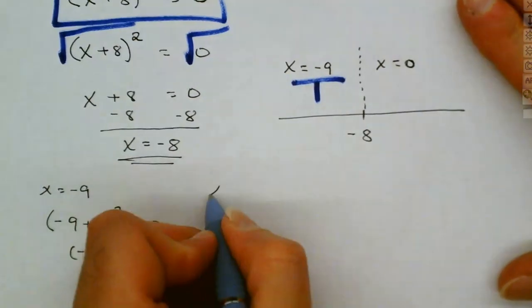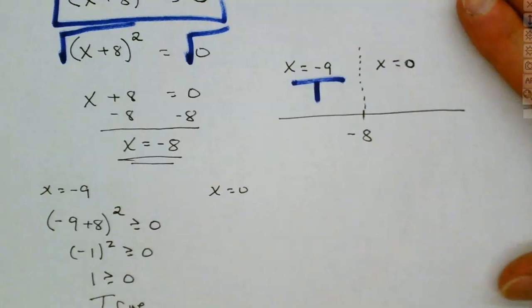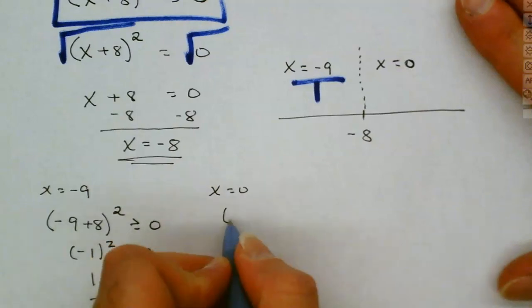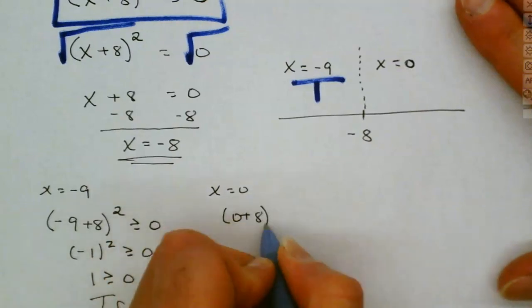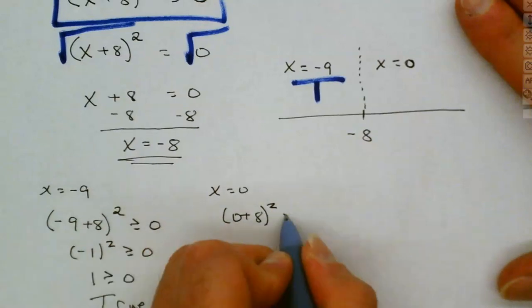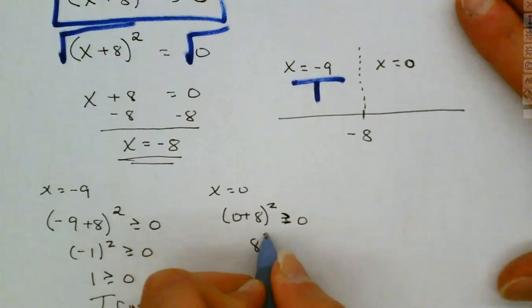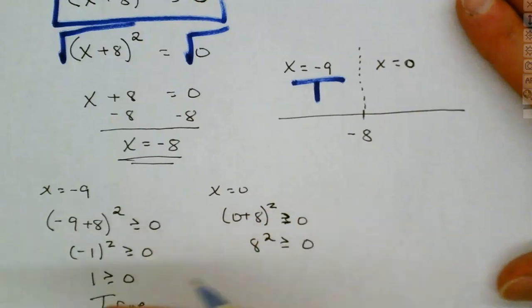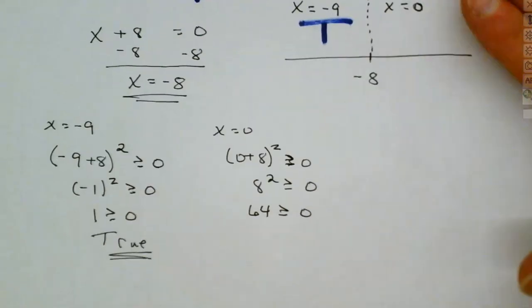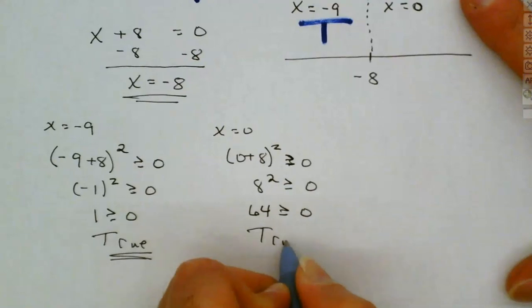Check 0. 0 plus 8 squared is greater than or equal to 0. So that's 8 squared. And 8 squared is what? 64. And is 64 bigger than 0? Yes. So that is also true.